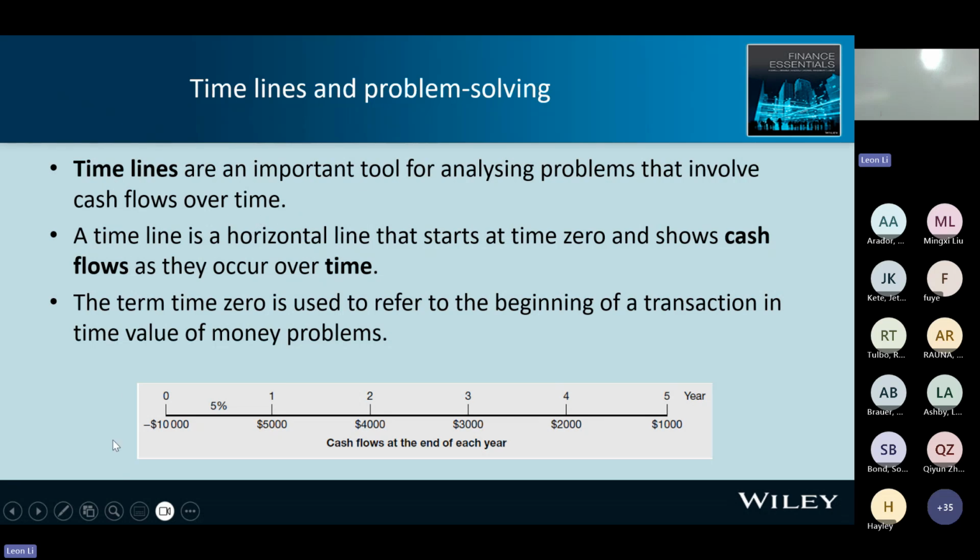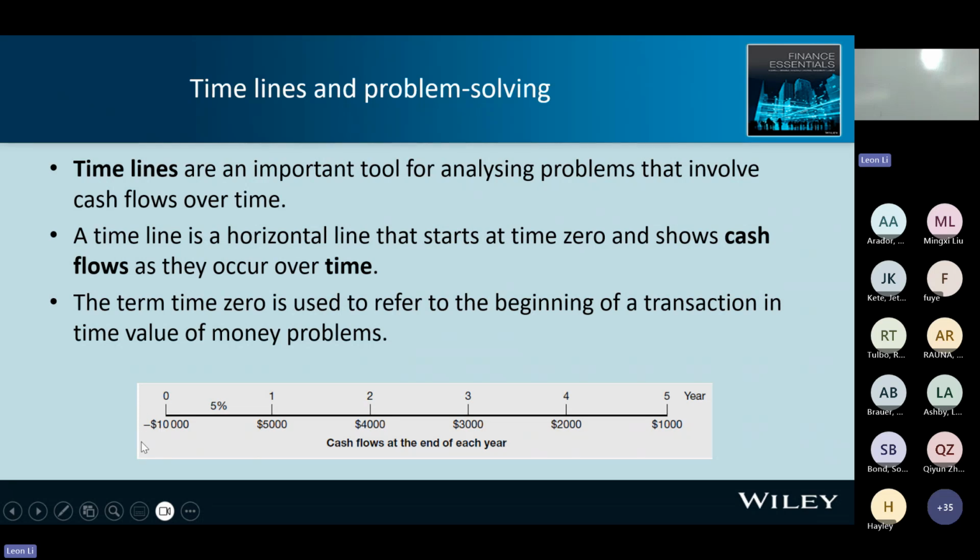So you can see the timeline for a 5-year project. Year 0 means today, year 1, year 2, year 3 to year 5. So you address the timing on the timeline.